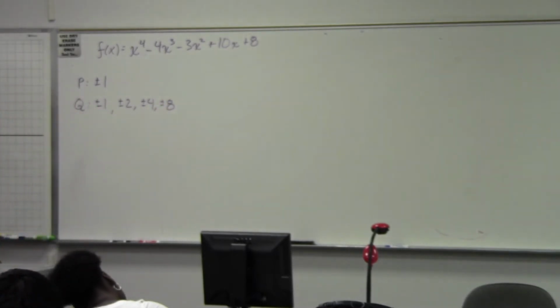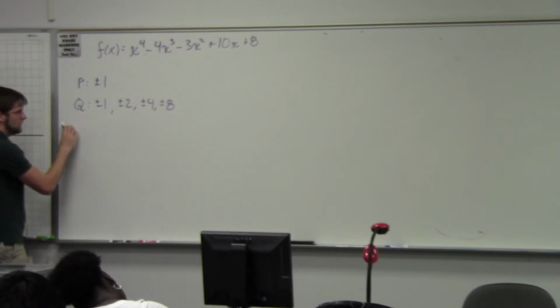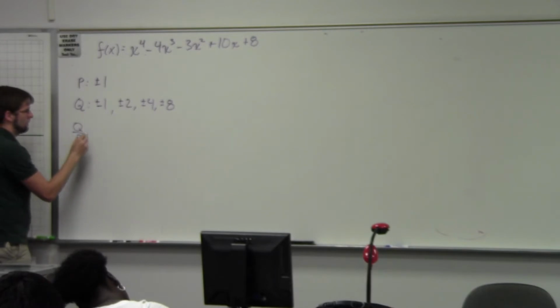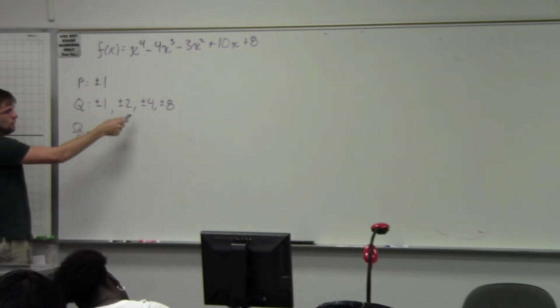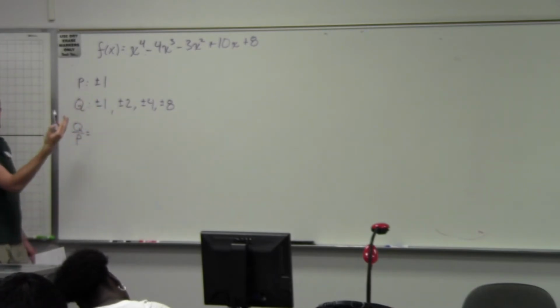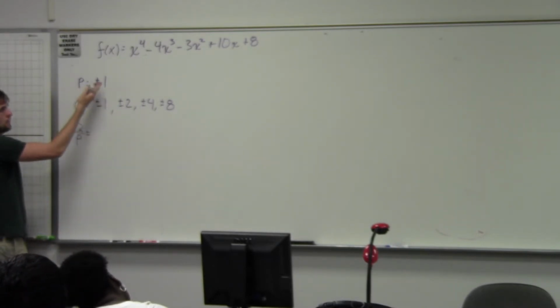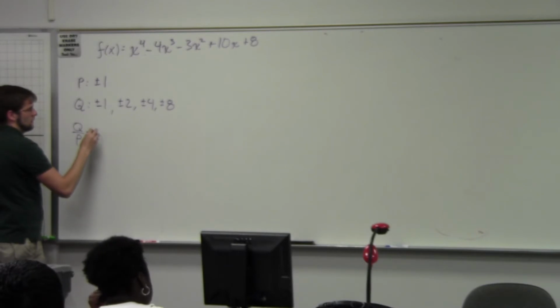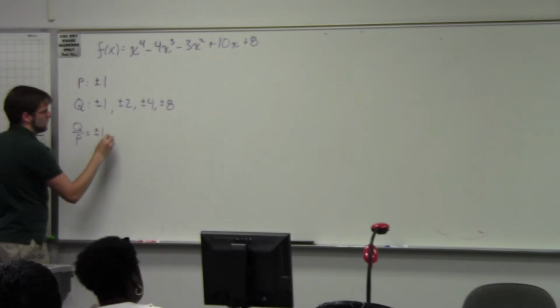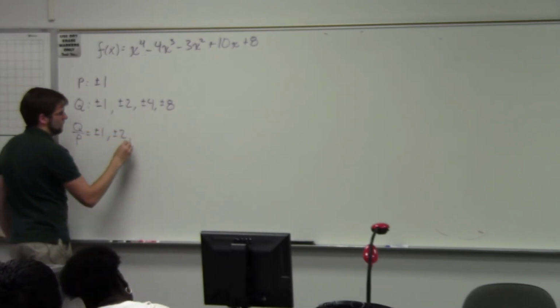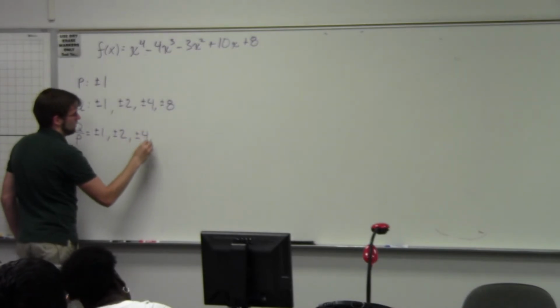And then we look at the ratio to find out what we need to divide by. Look at the ratio of Q over P. And if I divide all these by 1, I'm just going to get all these numbers again, because the only number I have here for P is 1. So all the numbers I get to pick from are all these guys.